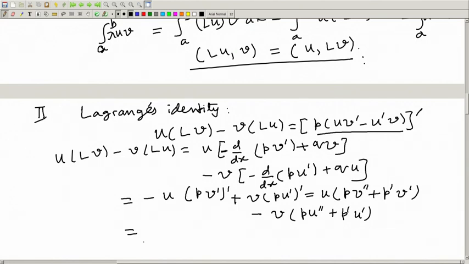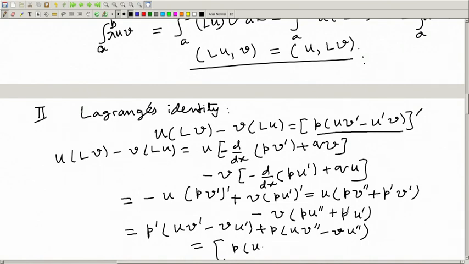If we do this manipulation, p' will be there, so we get p' times (u v' minus v u') plus p times (u v'' minus v u''). Together this can be said as the derivative of p(u v' minus v u'), because the other term cancels automatically.